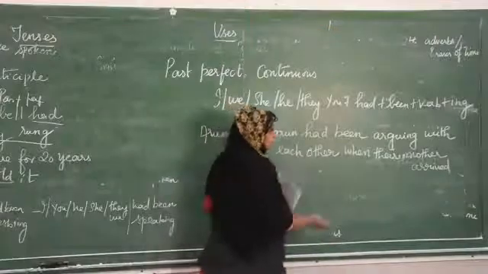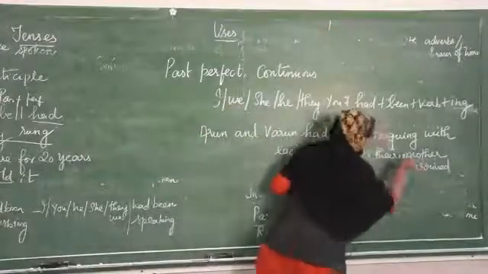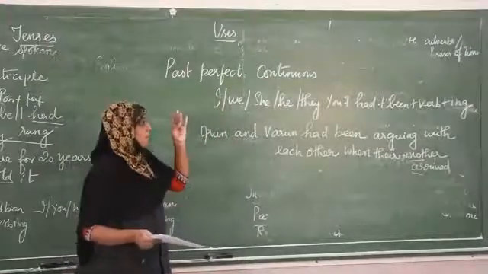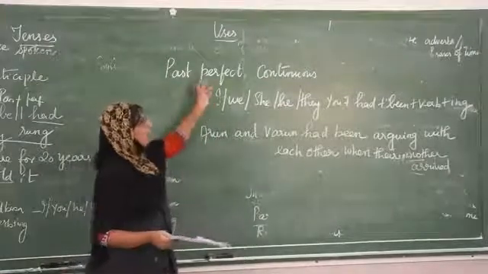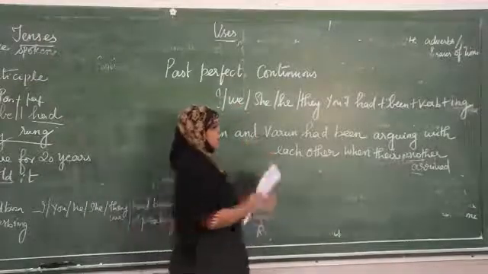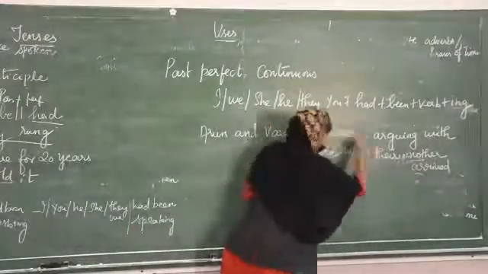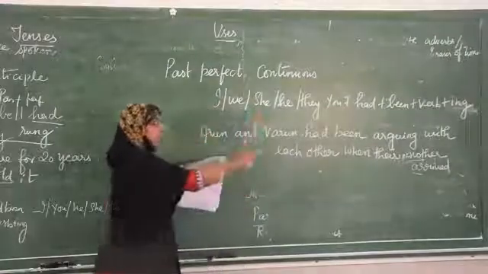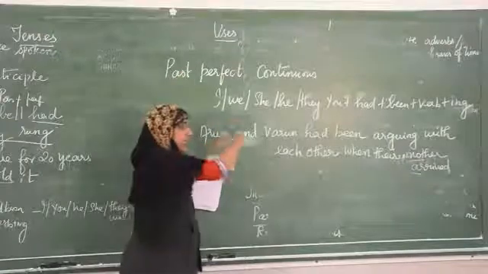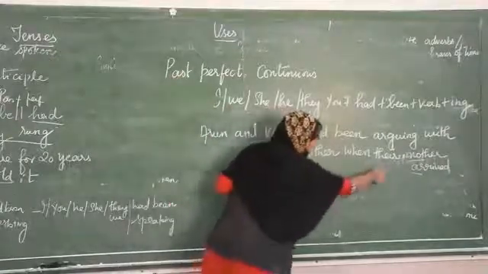Which is the second action here? Mother arrived. Always remember whether it is past continuous or past perfect tense or past perfect continuous tense, the second action will always be in simple past tense. So this action had already begun in the past. It was going on for some time till another action took place in the past.